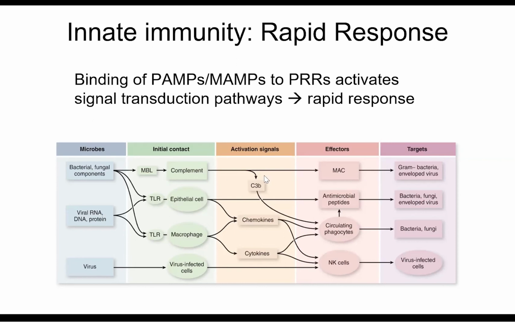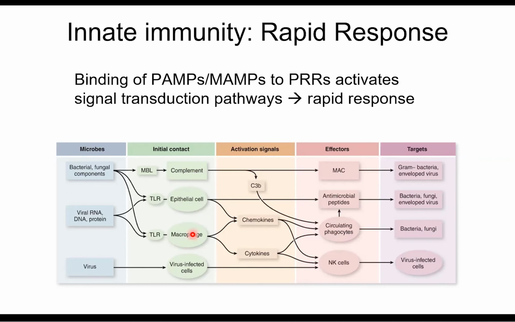Another thing that can take place due to complement activation is the formation of C3b. C3b is an active form of complement protein C3. And what C3b does is it actually binds to microbes and allows circulating phagocytes to more easily phagocytose the pathogen.